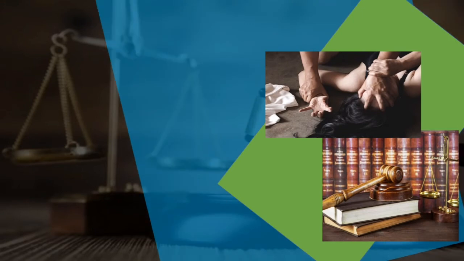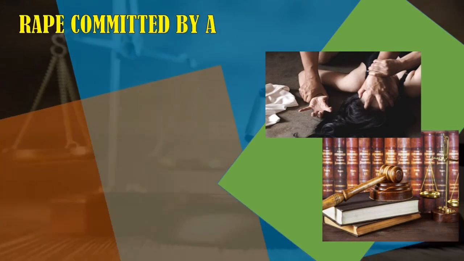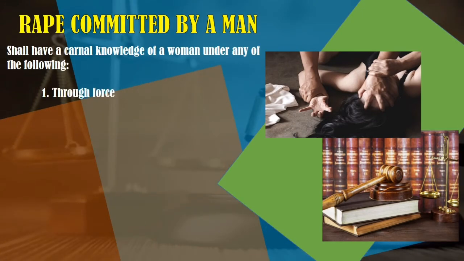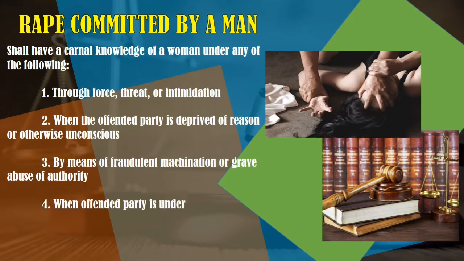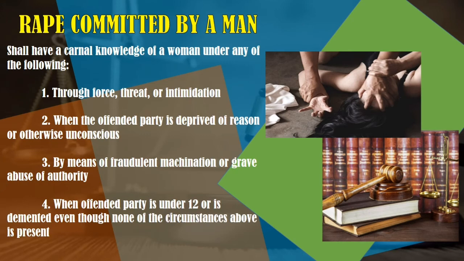Now let's discuss rape as committed by a man, provided that he shall have carnal or lascivious knowledge of a woman under any of the following. One is through force, threat, or intimidation.